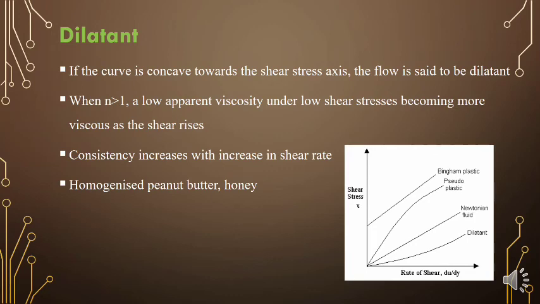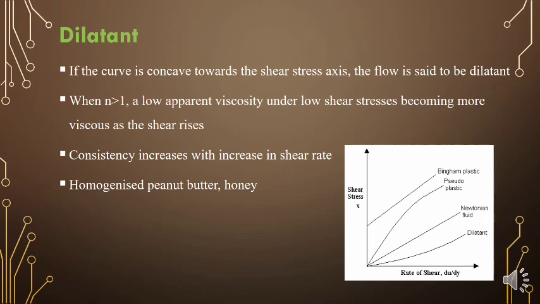Consistency increases with increase in shear rate, and examples are homogenized peanut butter and honey. This is the case when n is greater than 1. So consistency increases with increase in shear rate, and low apparent viscosity under low shear stress will become more viscous as the shear rises.